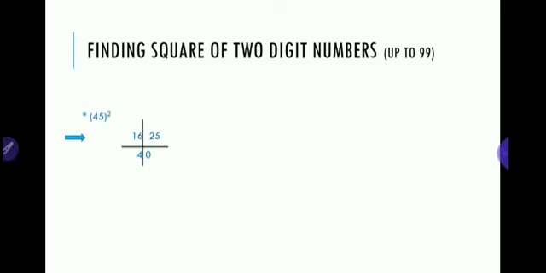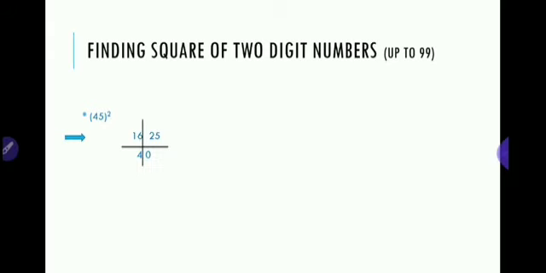Suppose instead of 4 into 5 into 2 it is 97 square, then 9 into 7 into 2 comes to a 3 digit value. In that case you have to write 1 digit below 2 and the remaining 2 digits in the bottom quadrant on the left side, below 16. Such kinds of examples we will take further next.